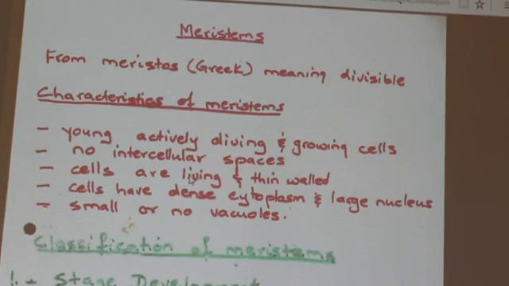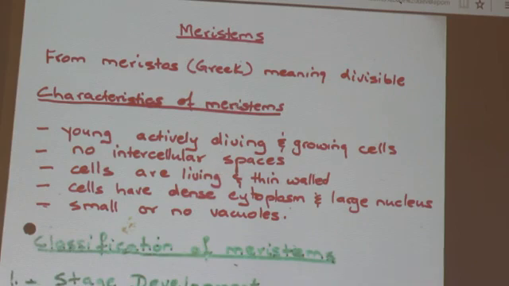Not all cells are alive. So when you describe a cell, it is important to say whether a cell is living or if it is dead. Some cells mature so that they can die. These cells mature and remain alive. Because these cells are actively dividing, there are no spaces between them. Hence, these characteristics define a meristem.